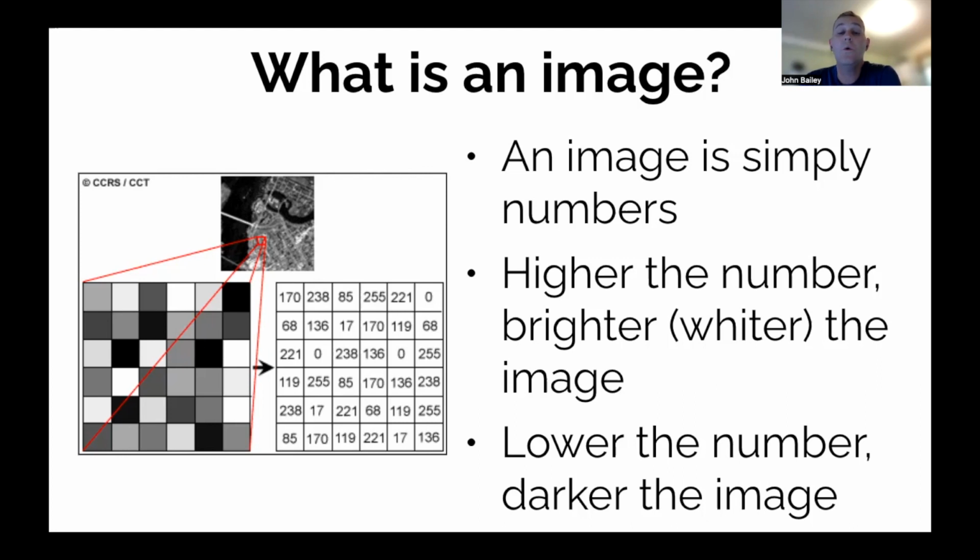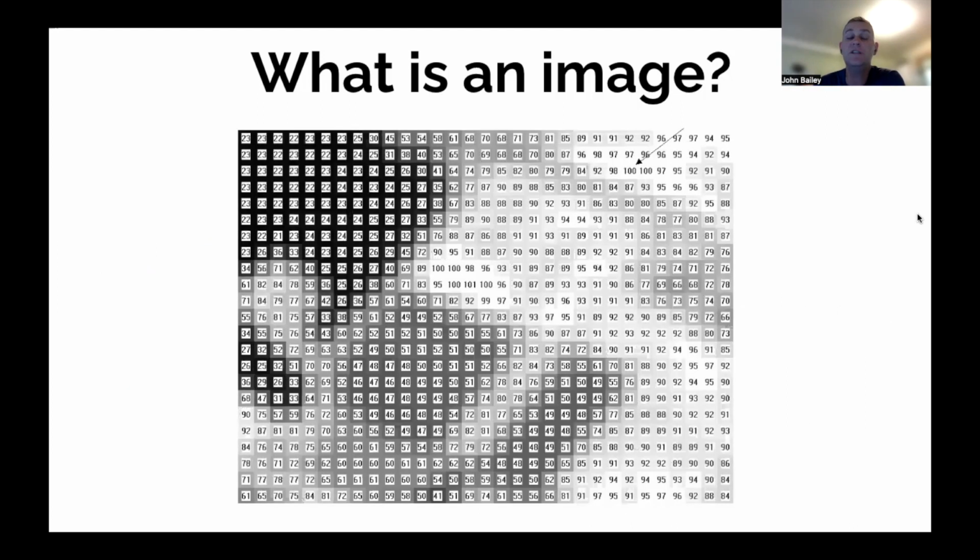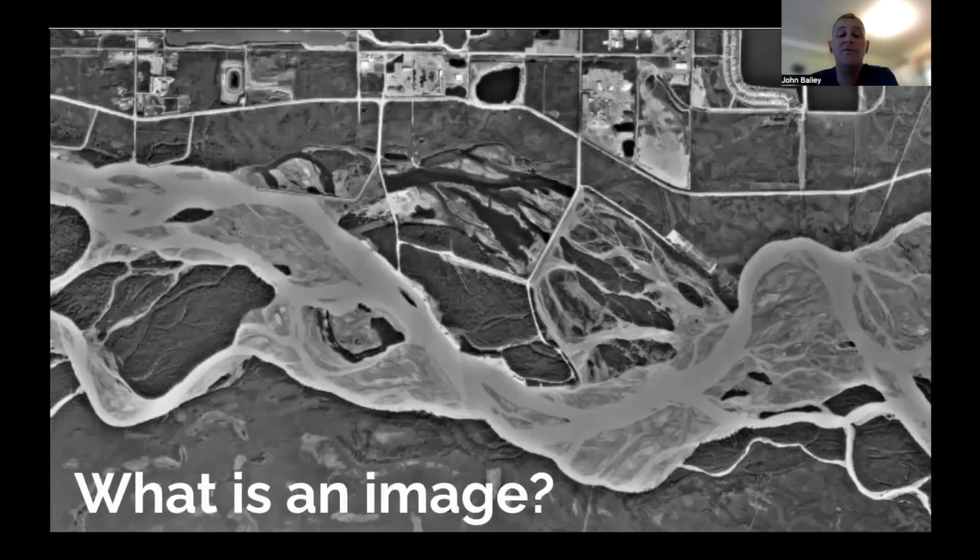So we number these boxes and they're colored according to this gray scale. And we call these boxes in the image pixels. When we put all these pixels together, all these numbers together, we start to get these shades of patterns and shapes, which then if we just take those numbers away, we end up with something like this.